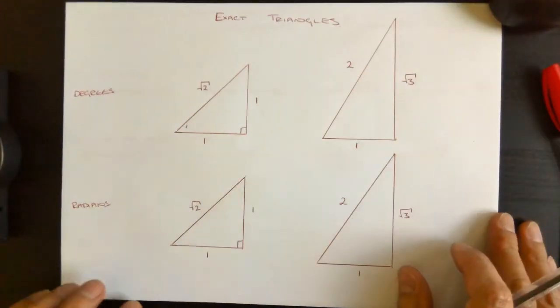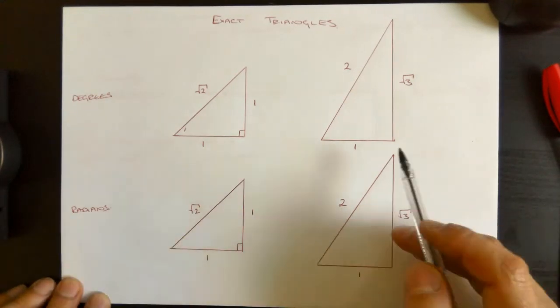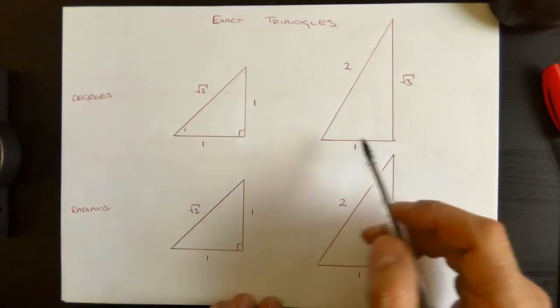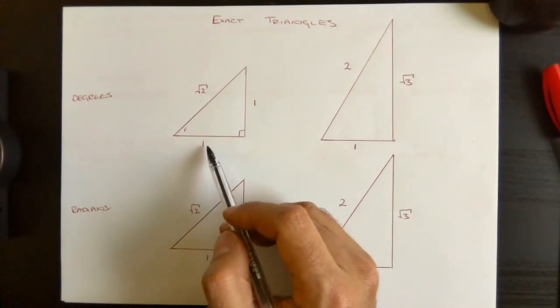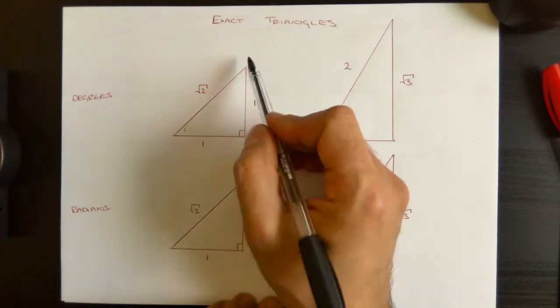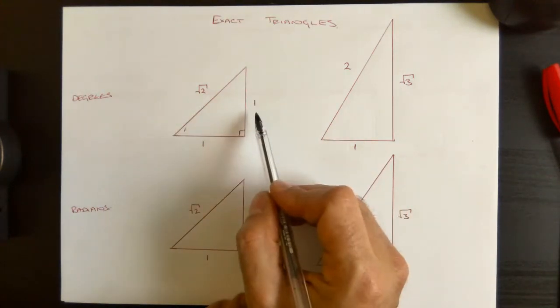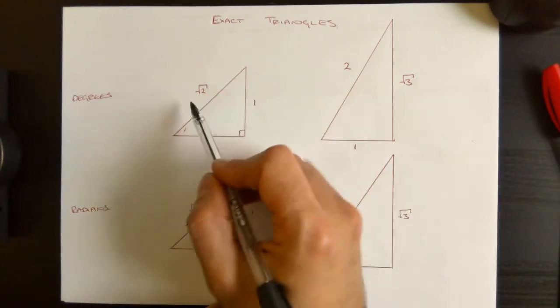Before we do examples, let's talk about exact triangles. Say, for example, I made a right angle triangle with an isosceles version where the base and the height is 1 unit. Using Pythagoras, the hypotenuse is going to be square root 2.